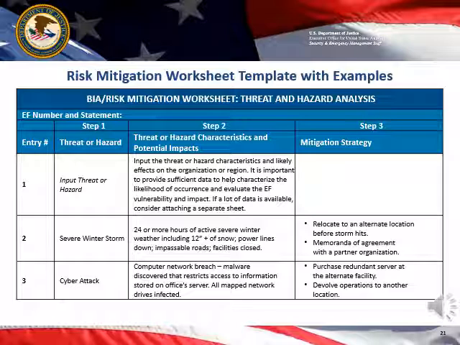Completing the business process analysis and business impact analysis process for each mission essential function ensures that a department or agency will have the ability to perform its mission essential functions and primary mission essential functions during a disruption of their operations or in support of disruption to federal government operations.